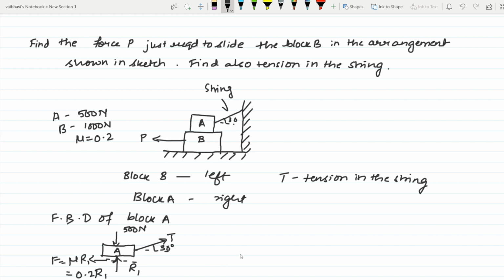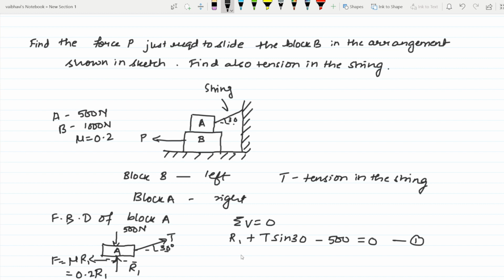Once we draw the free body diagram, it is very simple. Resolving the forces vertically, sigma V equal to 0: R1 plus T sine 30 minus 500, the self weight of the block, equal to 0. Let this be equation 1.